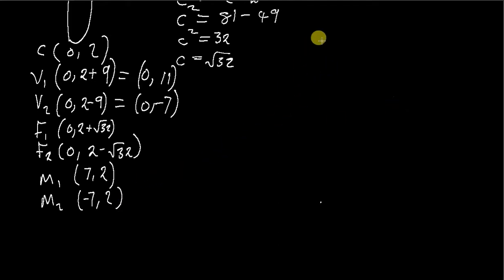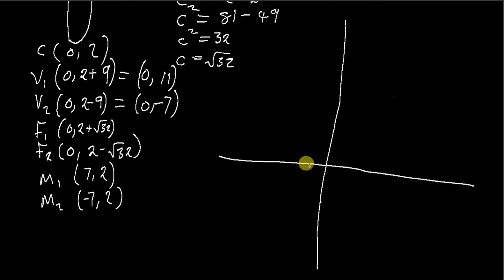So let's now sketch. So we have the y axis there, then we also have the x axis, and then we have 0 there. So the center is 0, 2 there. So the first vertex we have is 0, 11.